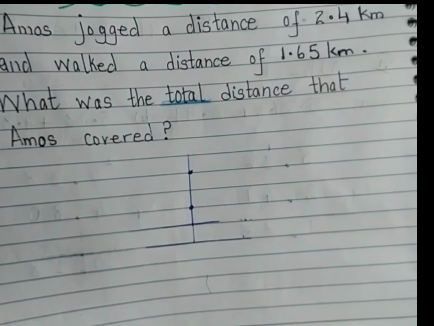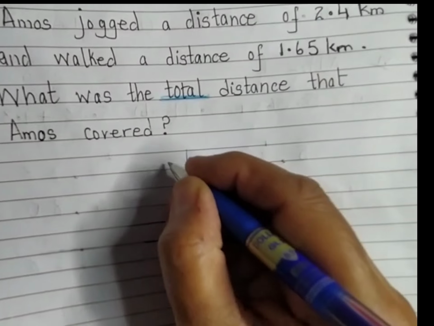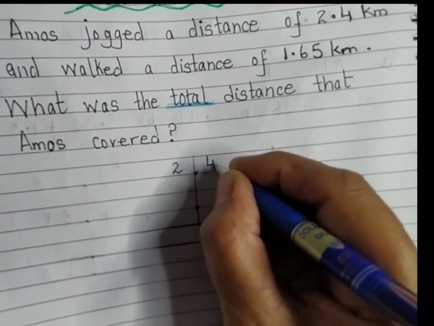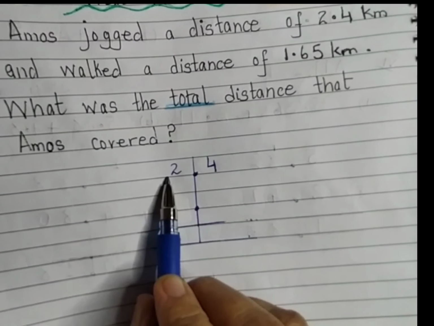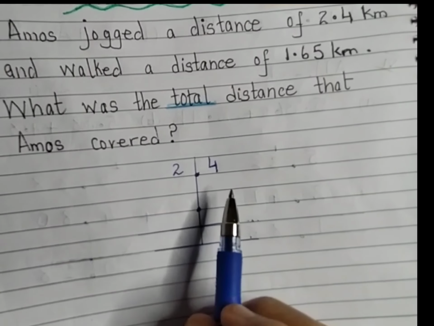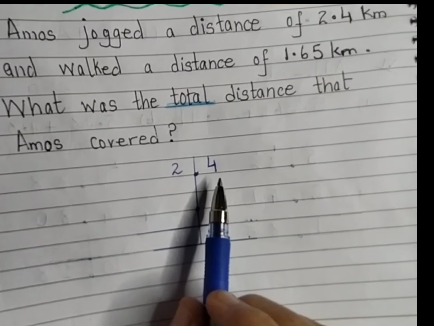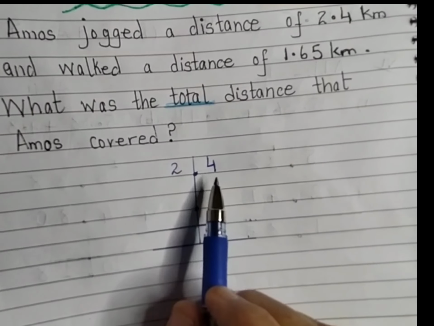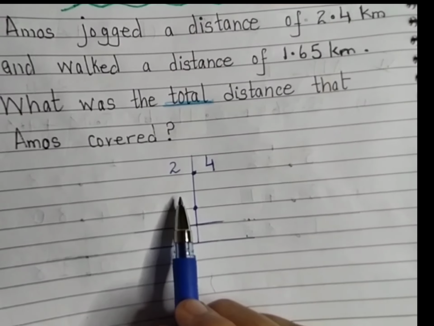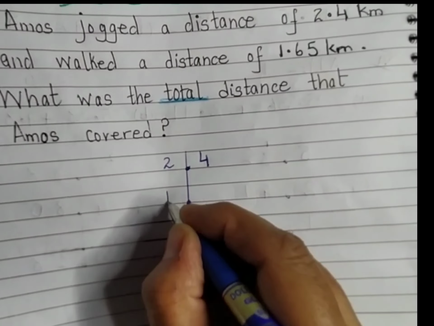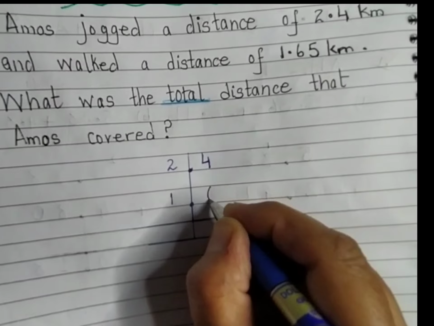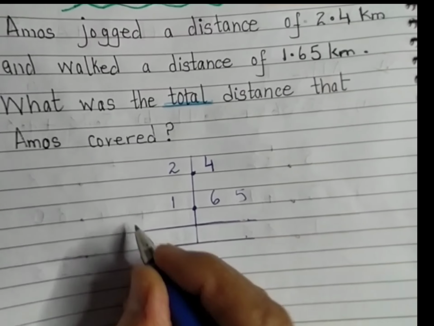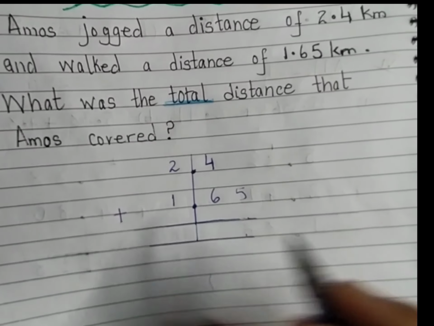Right, now how much did he jog? 2.4. What's the whole number? 2. And what is your standing on the tenth place? It is 4. Now we have the second figure, which is 1.65. Simply have to add this up.